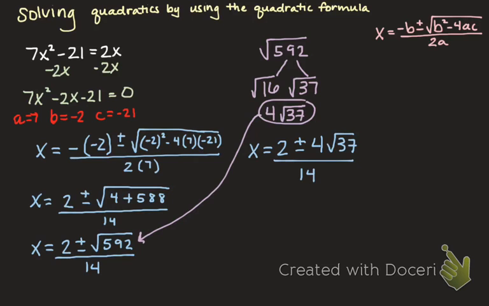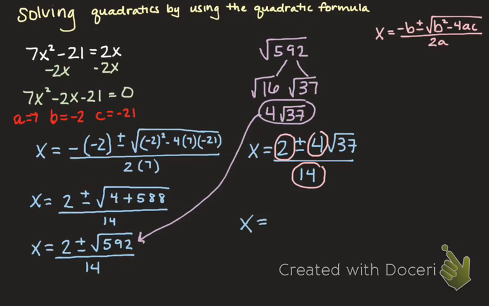So now we need to see if we can simplify our fraction any further. And we're mainly focusing on these three values, since we can't simplify that square root any further. So we want to look, is there a number that goes into 2, 4, and 14? And 2 goes into all of those numbers, so we can divide the three numbers by 2 to simplify that fraction.